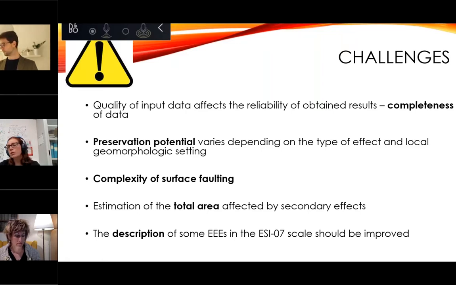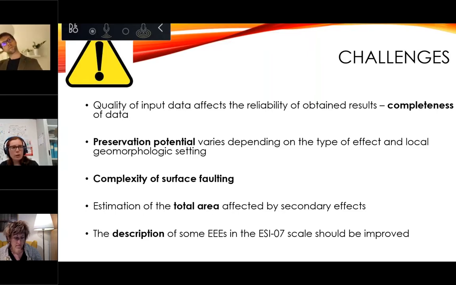When we speak about geological effects, we also have to consider the preservation potential. So basically, this is variable and depends on the type of effect, let's say primary faulting versus liquefaction or whatever, and also on the local geomorphologic setting.